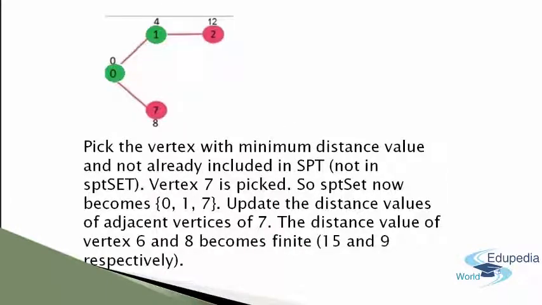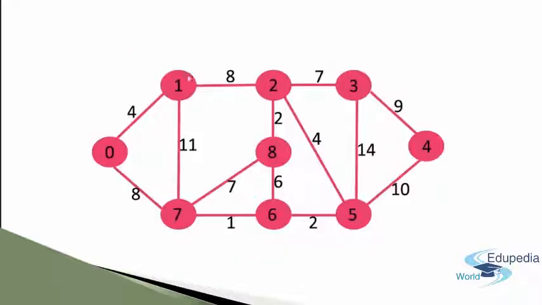Since we have included 1 in our SPT, we have to update the adjacent vertices. The only adjacent vertex in this graph is 2. Although 7 is also there, it is something we are still traversing, and we have already seen that it was giving 8. I hope you got why we didn't touch 7: it's already in a traversal path.